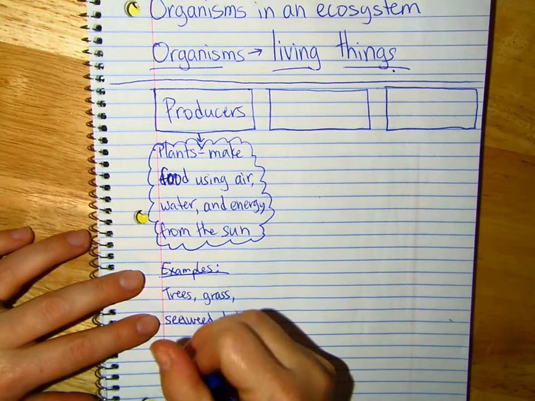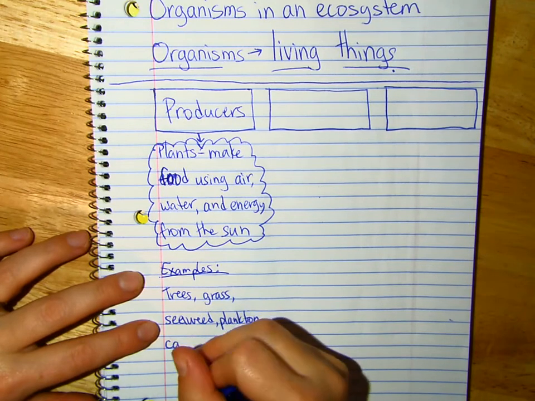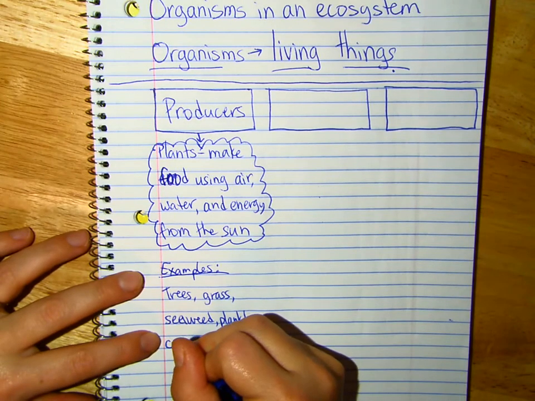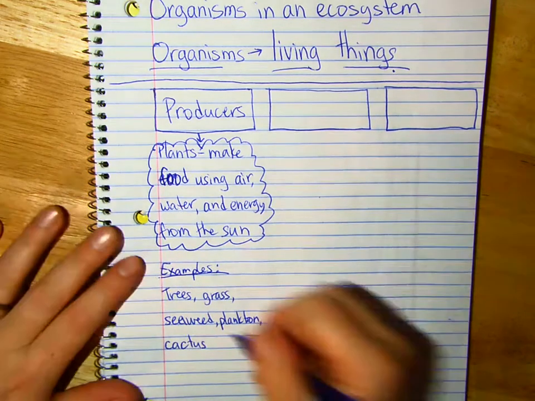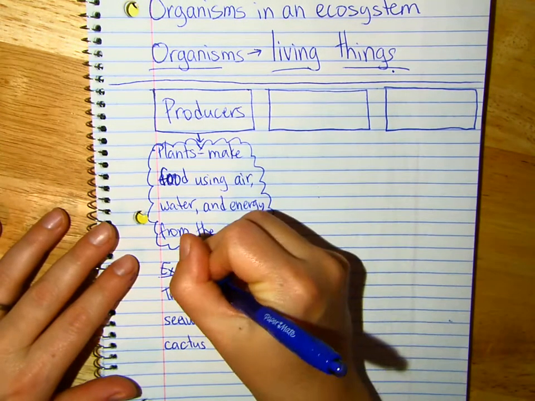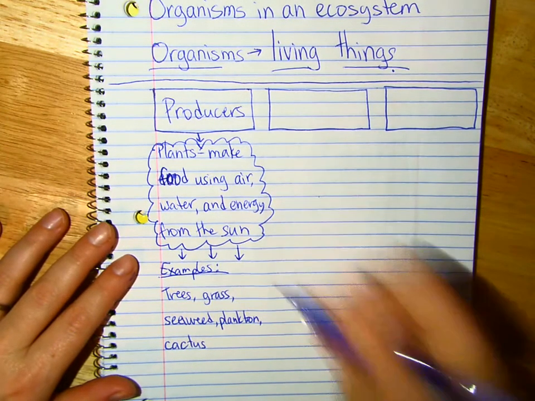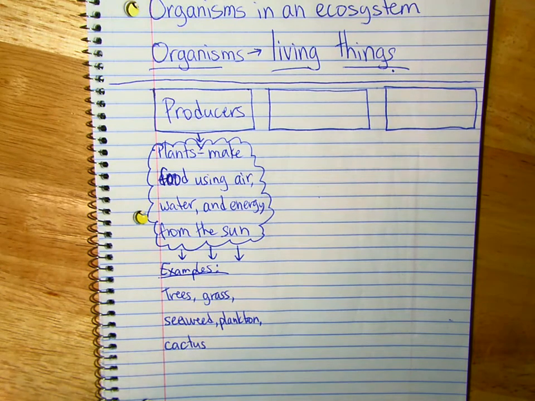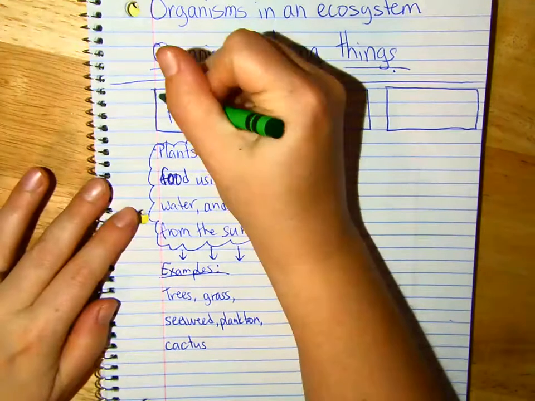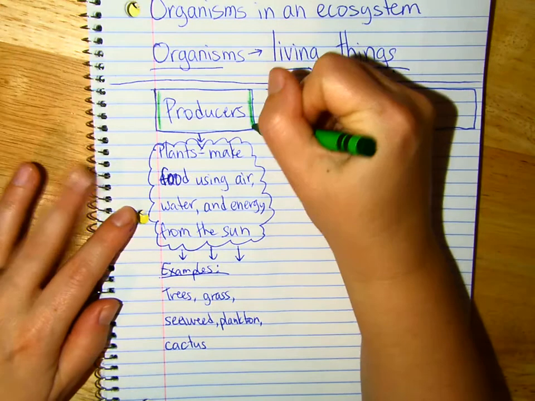Let's see, cactuses. Those would not be an aquatic one, but that's a hard one to remember. So any of these are good examples. If you have some other producers that you can think of, go ahead and add your own examples. I'm going to grab my green crayon and I'm just going to really quick outline this to remind me. Producers are plants.